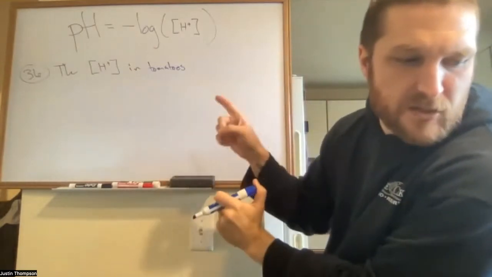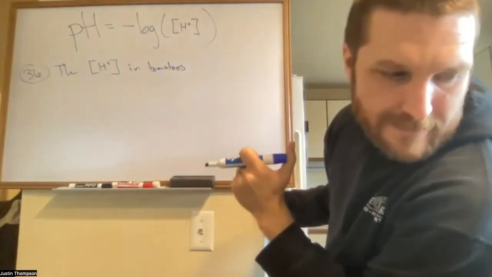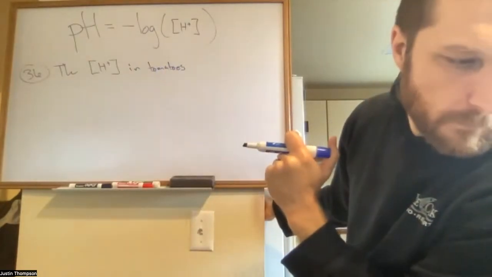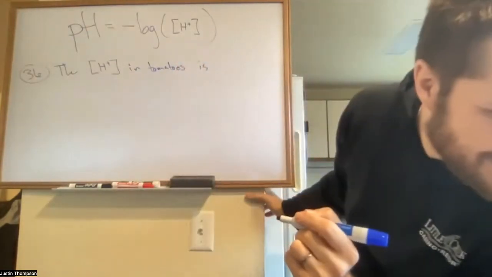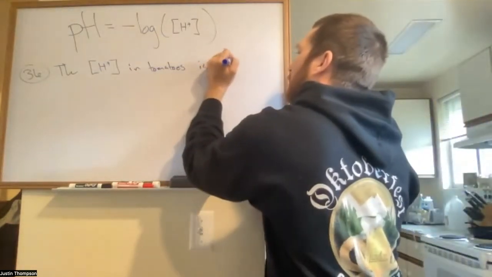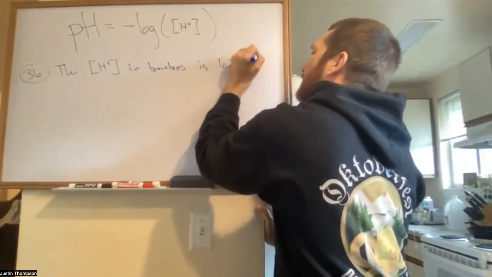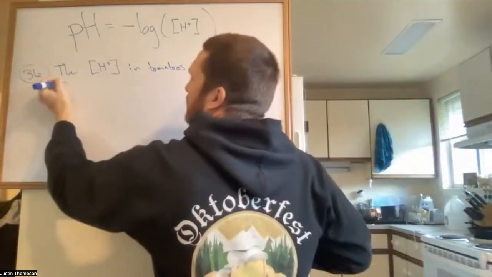And we measure the concentration of hydrogen ions in the tomato. It says that this is 6.3 times 10 to the negative 5. It says find pH.